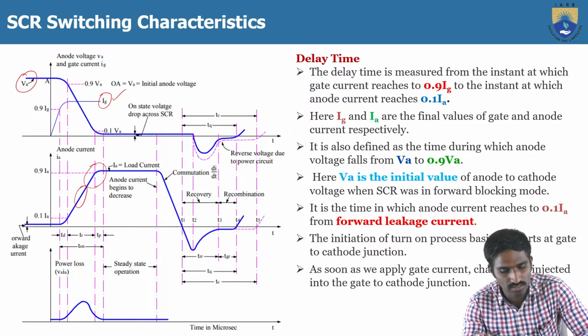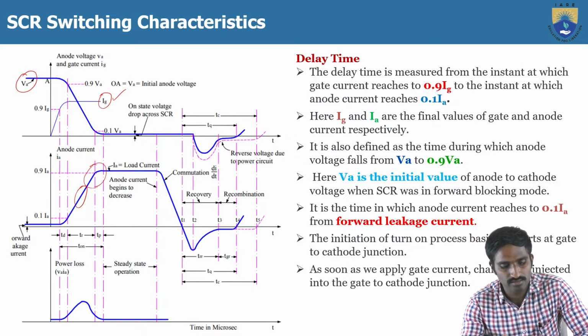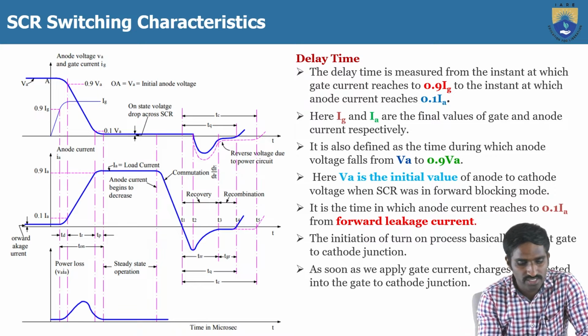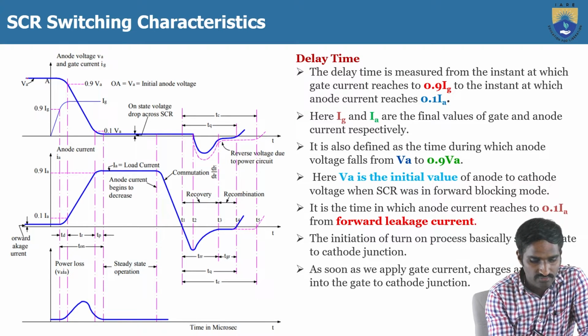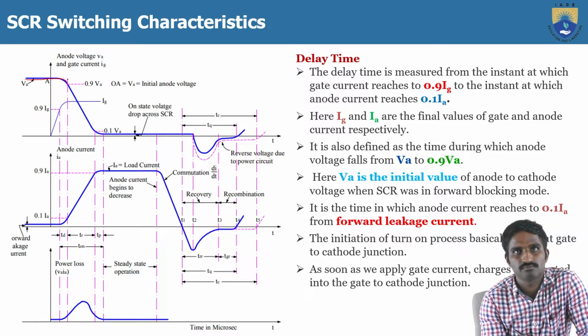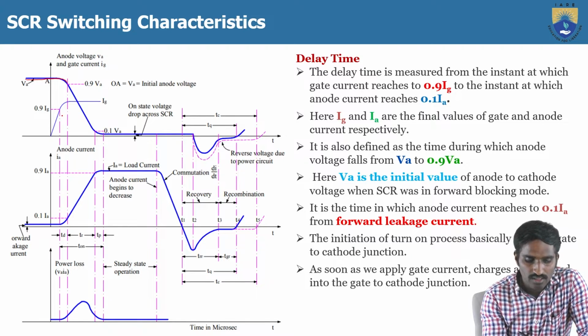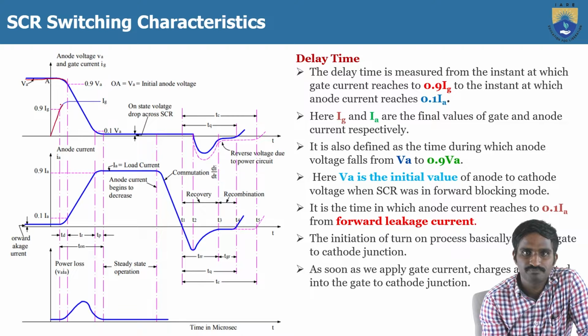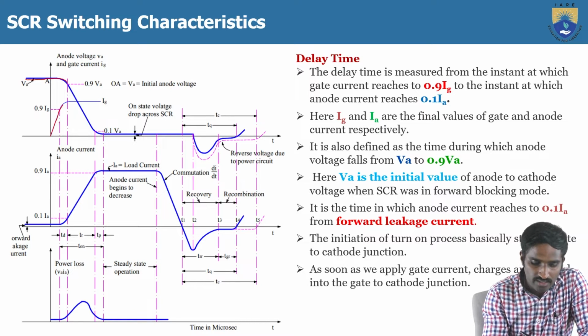Then here, first the delay time. If you want to turn on the thyristor, you must apply the forward biased voltage, so here we are applying it. Then you must also give the gate signal, so here we are giving the gate signal and gradually increasing it.